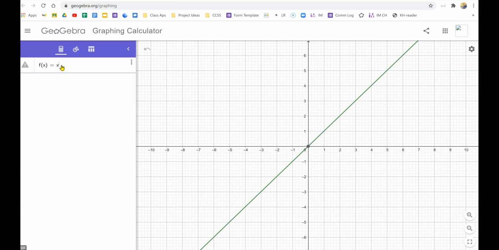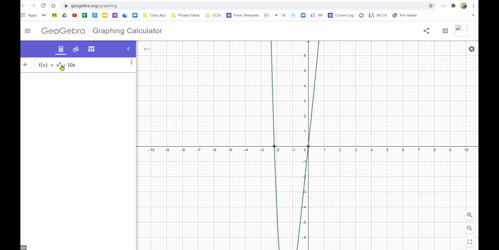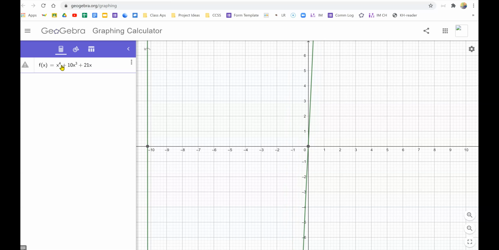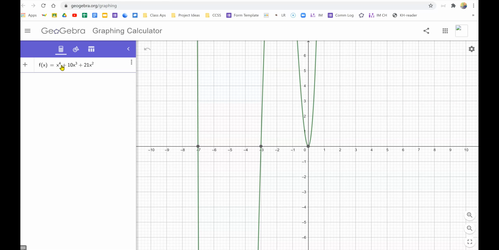It's called the caret key. That'll give you the 4th power, arrow to the right, and I'm going to add 10x raised to the 3rd power. Again, it's the caret key to the 3rd power, arrow to the right to get out of the exponent, plus 21x to the 2nd, arrow to the right.